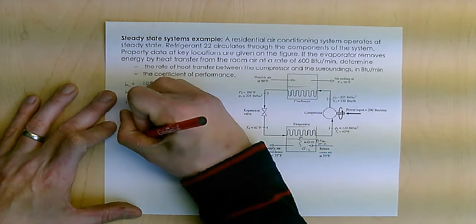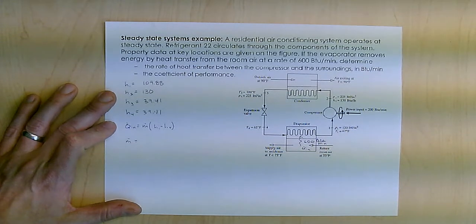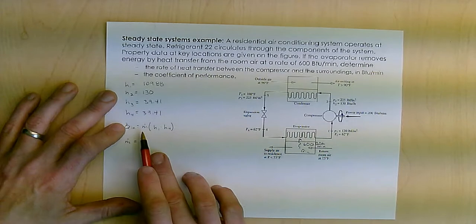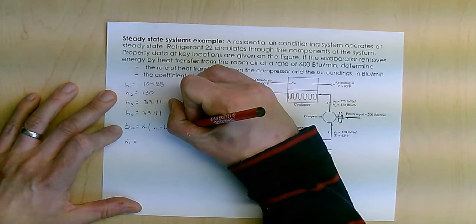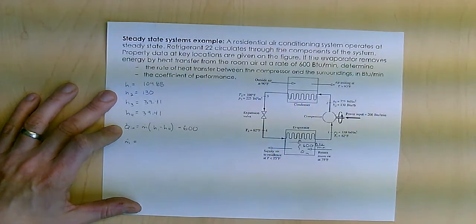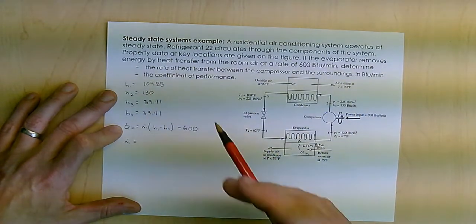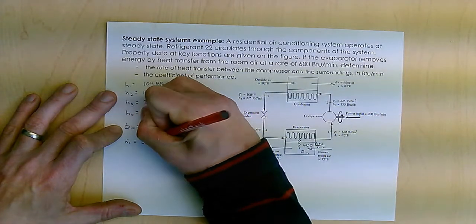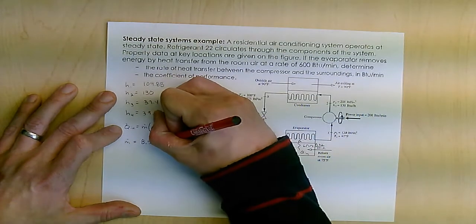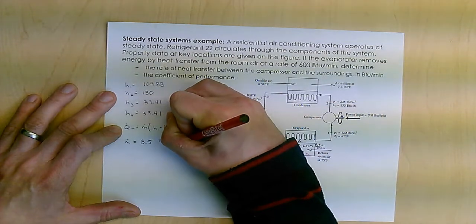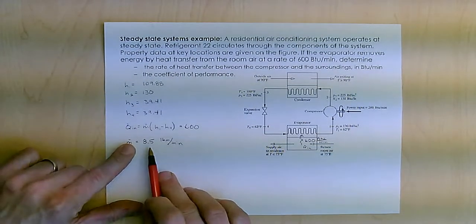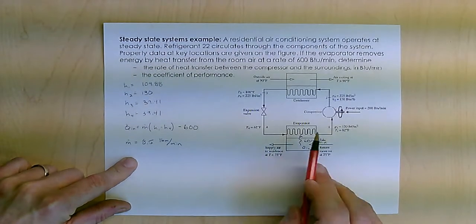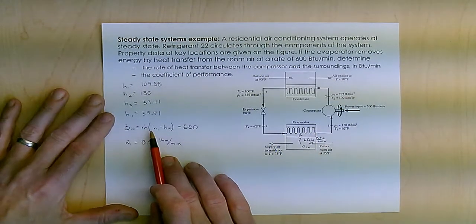So that mass flow becomes, plugging in the values, 600 equals mass flow times H1 minus H4, and I get my mass flow to be 8.5 pounds per minute. So I set my states, then I find my mass flow, knowing Q in at the evaporator and knowing H on either side.